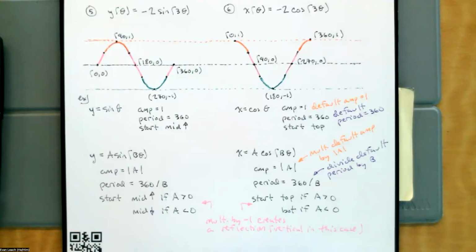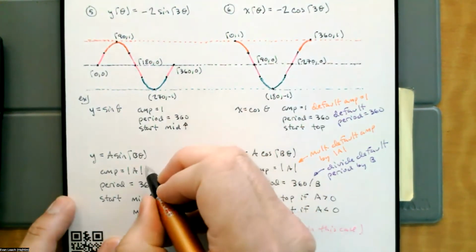We just take our default amplitude 1 and multiply it by A. That multiplication on the outside is going to stretch the graph vertically. So our change in the amplitude is going to be a vertical stretch.